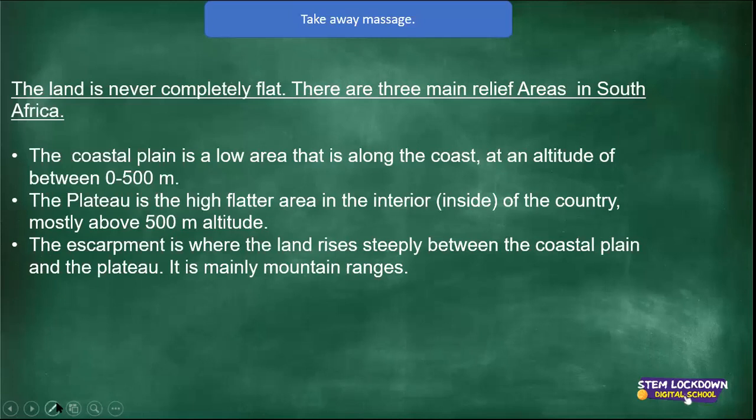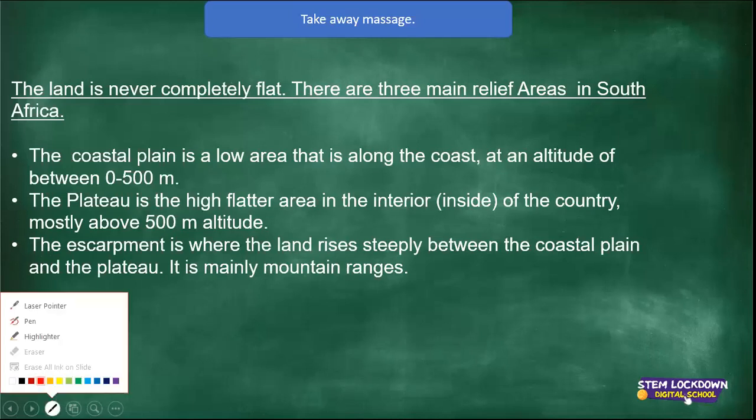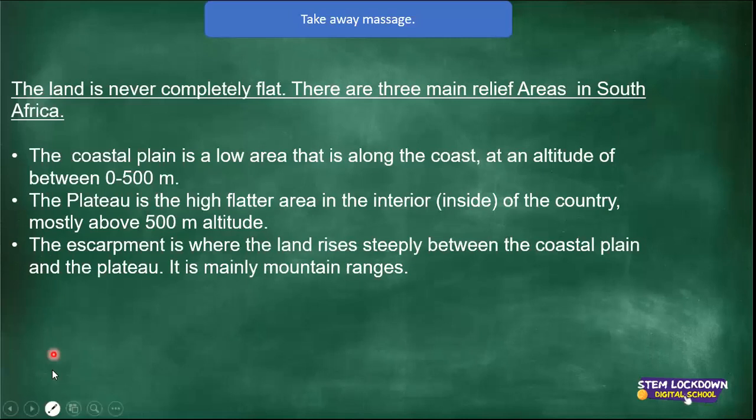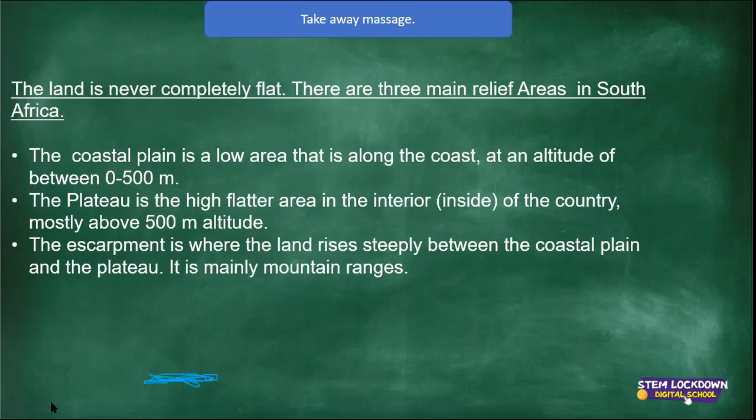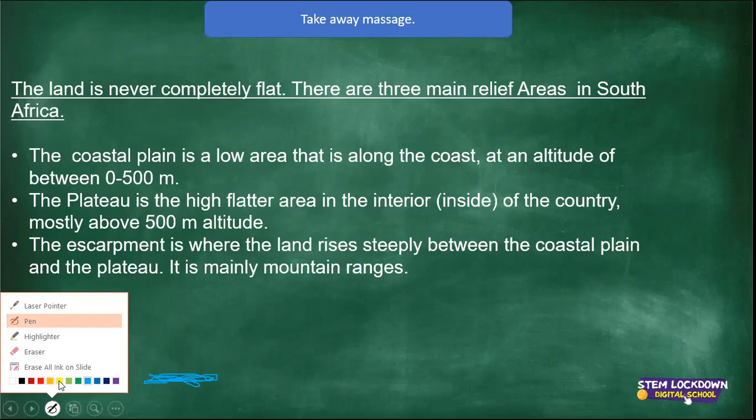I'm going to do this to show you. Let's just say the blue things I'm drawing here are the sea, and then we have the land, which is in red.